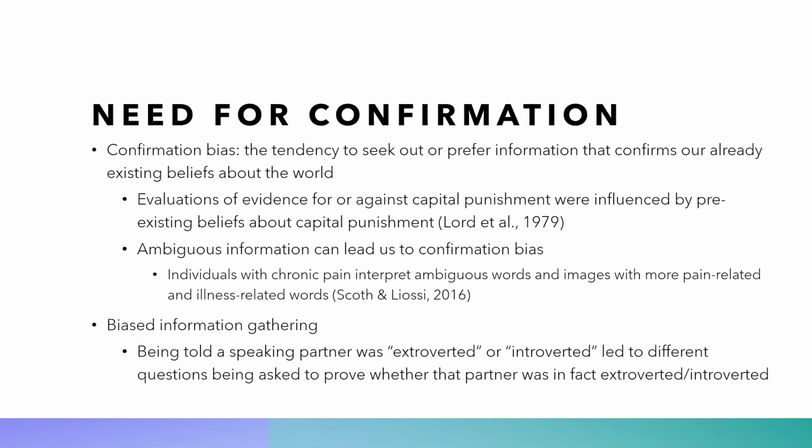And to be fair, these psychological assessments tend to be more reliable than just sending a bunch of interviewers out to talk to people. But nonetheless, when people already have a pre-existing idea about someone, they tend to look for information to confirm that.